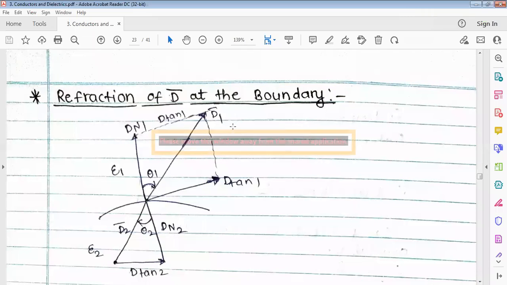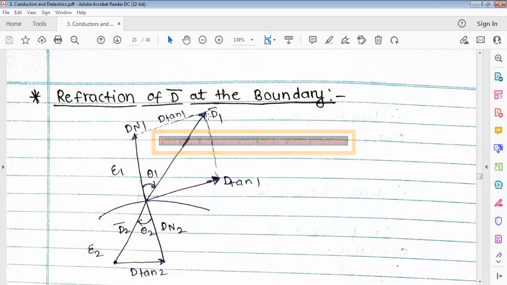Point is refraction of D bar at the boundary, right? So we are considering two different dielectric materials having permittivities epsilon 1 and epsilon 2, right? So we have to consider one boundary. Permittivity is different, that is epsilon 1, epsilon 2.